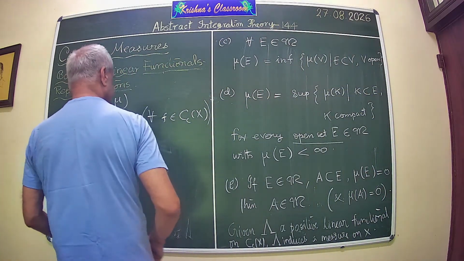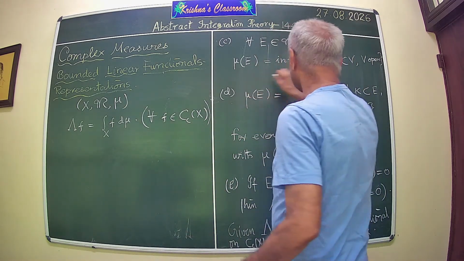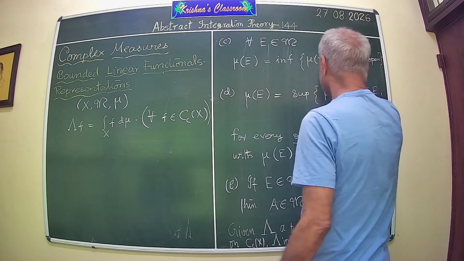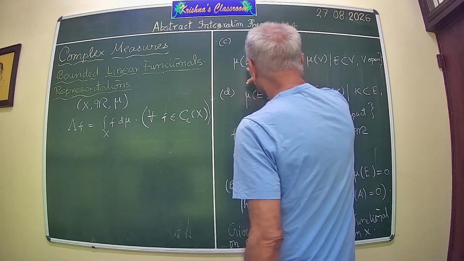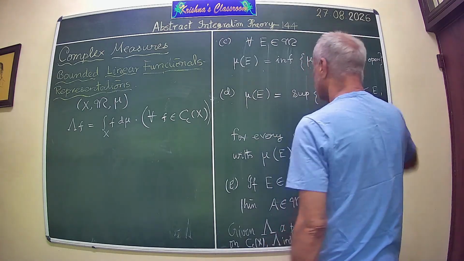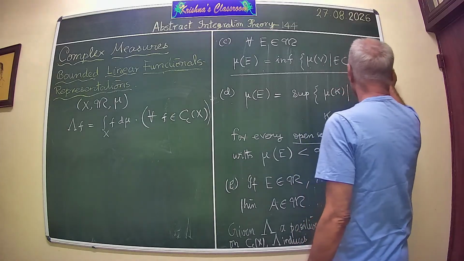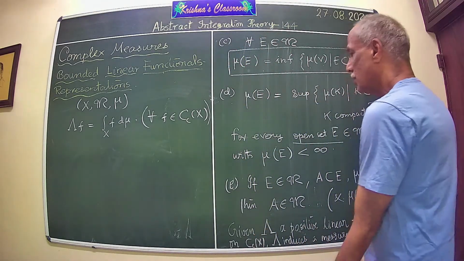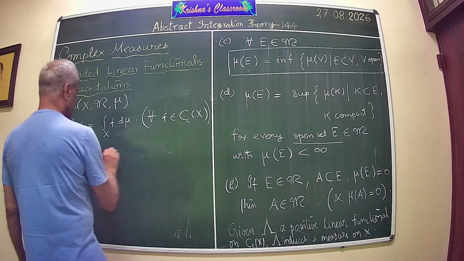Okay, right? And of course, mu of E is defined in this way, that is the infimum of mu of V. So all measurable sets in M, you can approximate using open sets. Okay, so this is how the measure is. So C defines the measure corresponding to lambda.